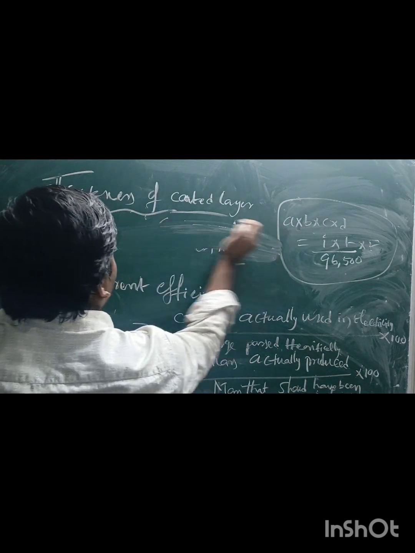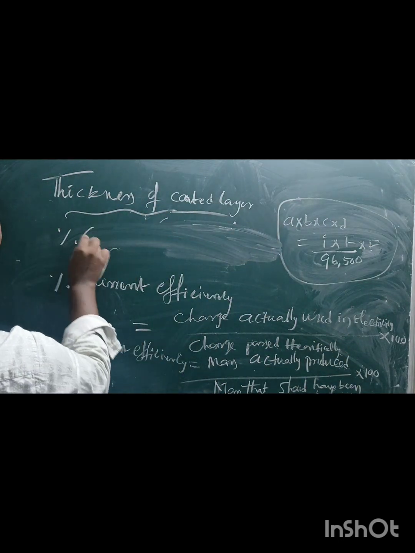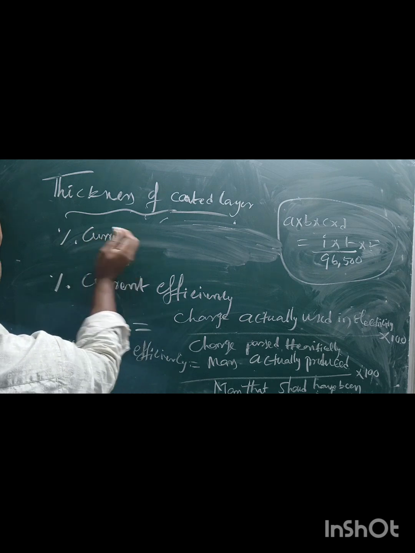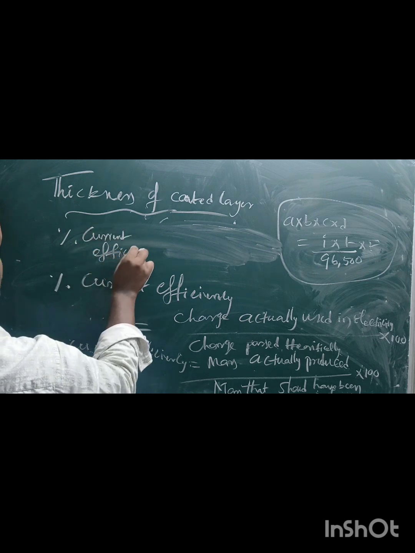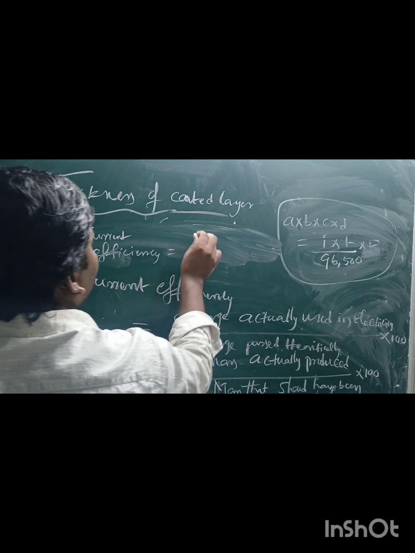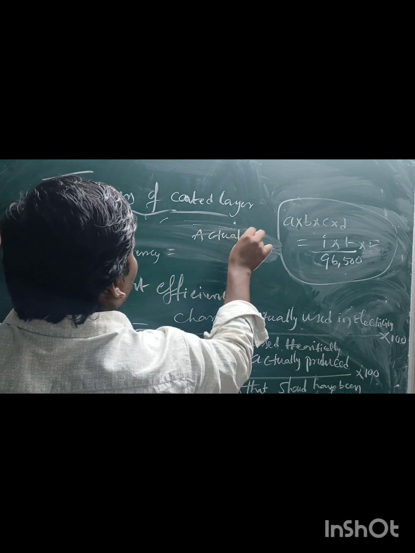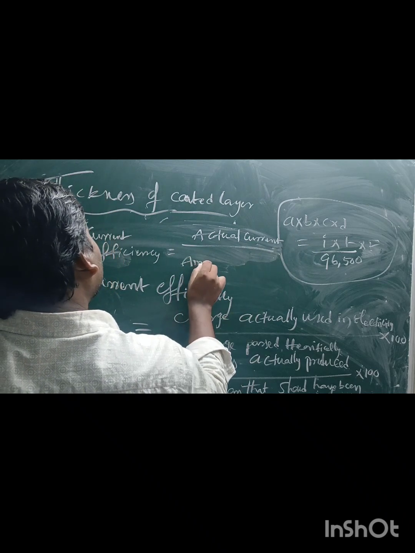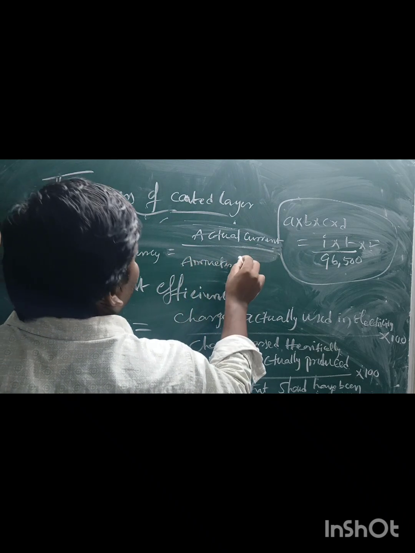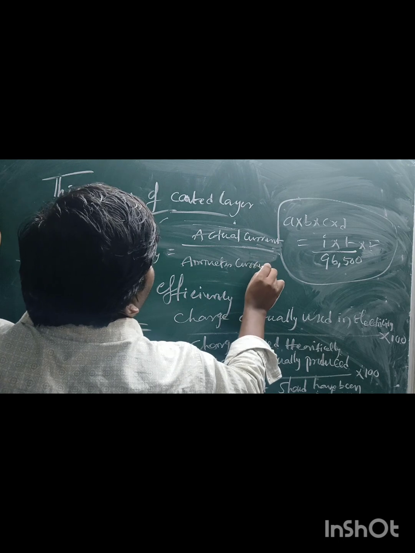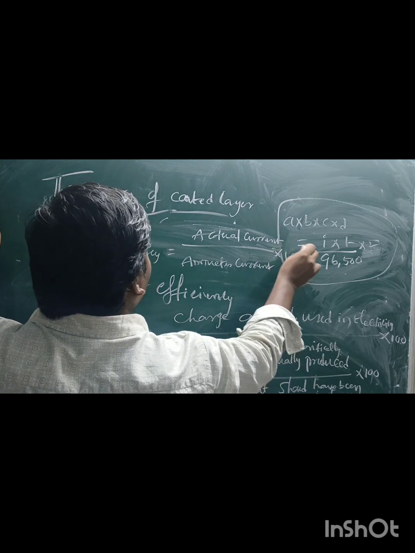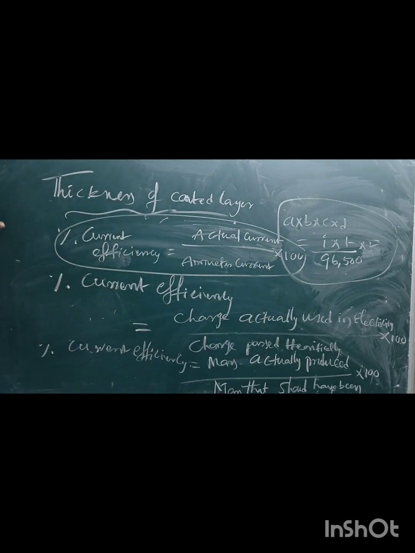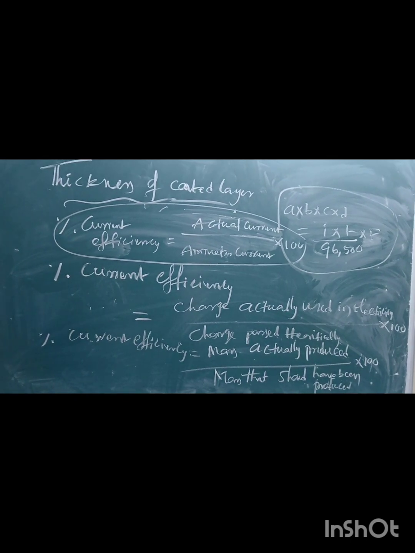And one more formula here: percentage of current efficiency is equal to actual current by ammeter current into 100. This is the formula, actual current by ammeter current into 100. Okay, this is the information about the remaining concepts. Thank you.